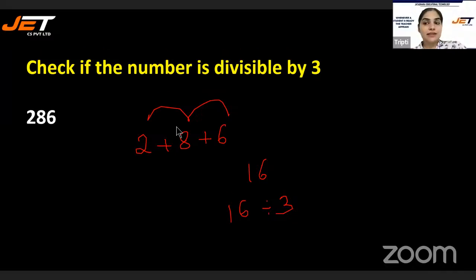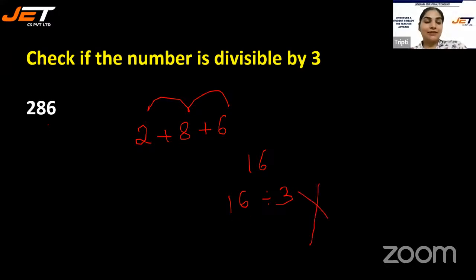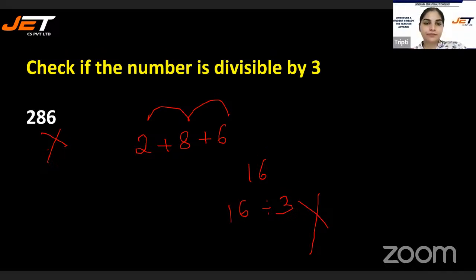I don't see 16 in the table of 3, right? So what else do we see? We see the numbers less than that, but 16 is not exactly divisible by 3. That means this is also not divisible by 3, right? So that's how you do it.